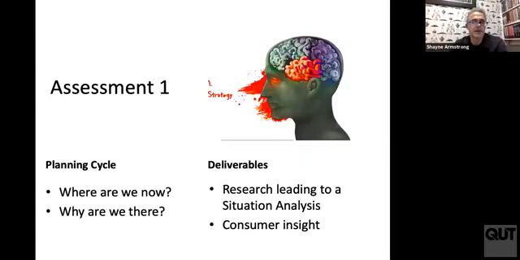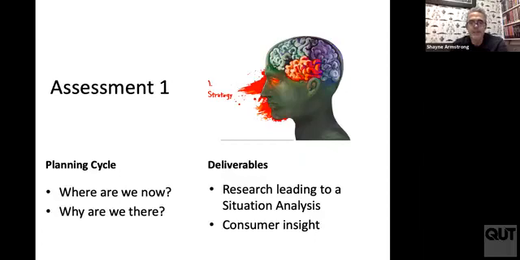So assessment one is testing your handle on strategy, and it's looking at the where are we now and why are we there part of the planning cycle. So you'll be doing a situation analysis on the client, and if you've had a look at the assignment, it's for the Good Beer Company, which is a Brisbane-based philanthropic beer brewer.